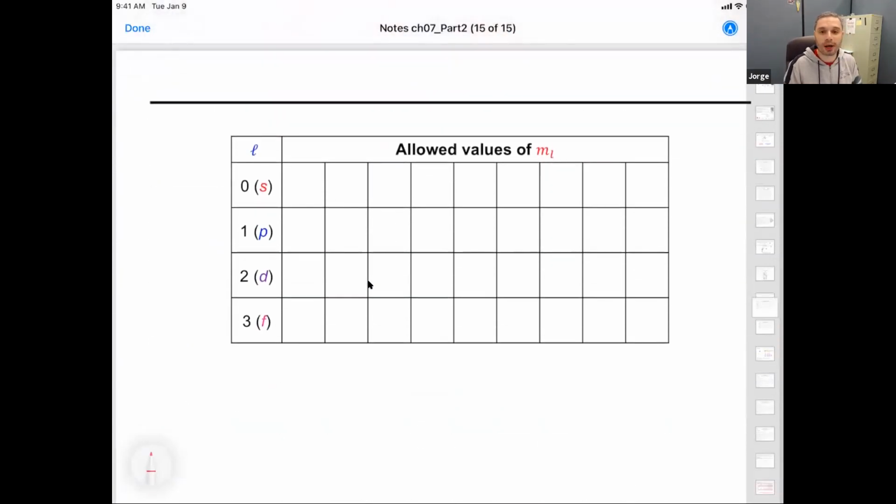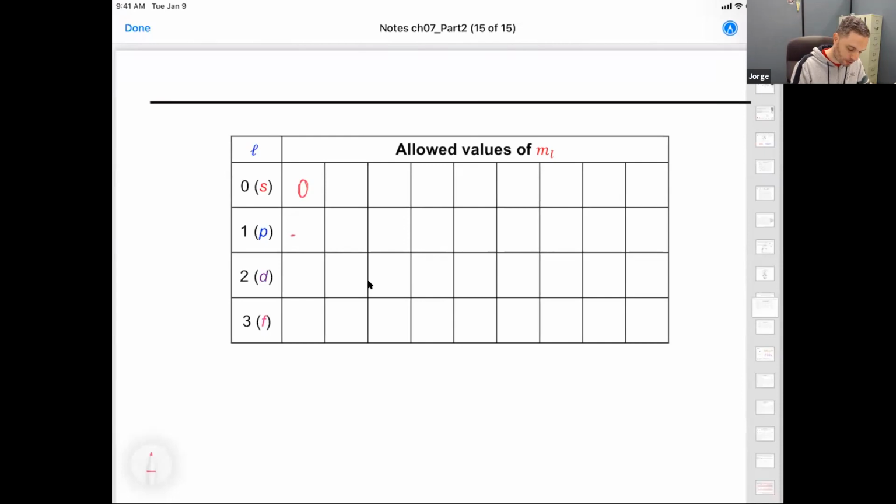So let's do here a quick table about the possible values of ML depending on L. If we have an s orbital where L equals 0, the only possible value for ML is 0. Okay? Minus L to plus L, that's going to be the only possible.